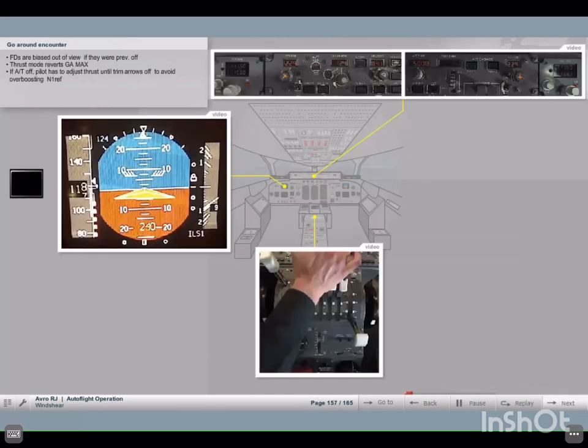The FDs are biased out of view if they were previously off, and thrust mode reverts to GA max.